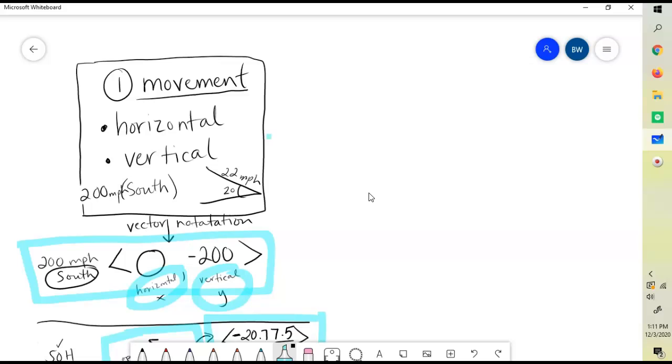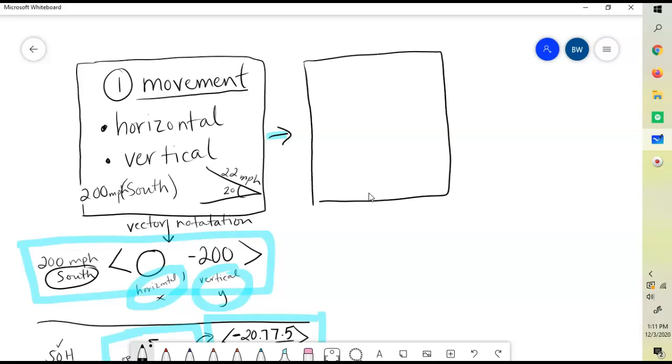The resultant vector, switch to black, is going to be the next step that we are figuring out. So in your notes, let's add up these two vectors to get the resultant vector. Basically, the only clue we need to give ourselves is that we add them up.